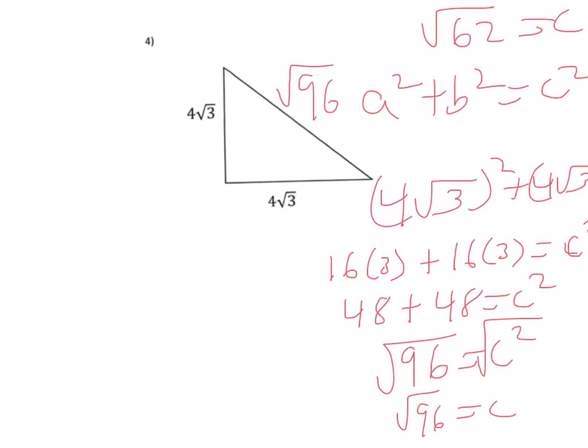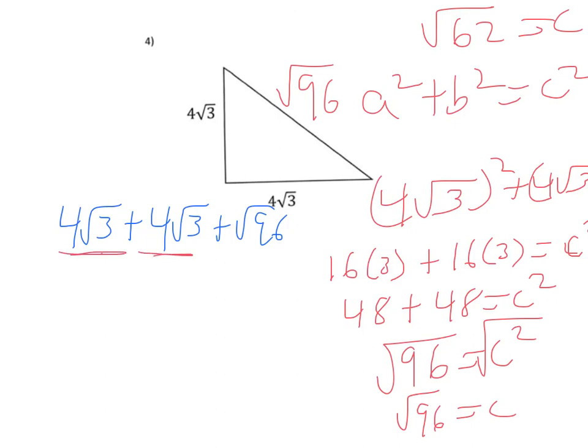So we have 4 radical 3 plus 4 radical 3 plus radical 96. 4 radical 3, 4 radical 3, we get 8 radical 3 plus the square root of 96. And we can't do anything there, so we leave it.